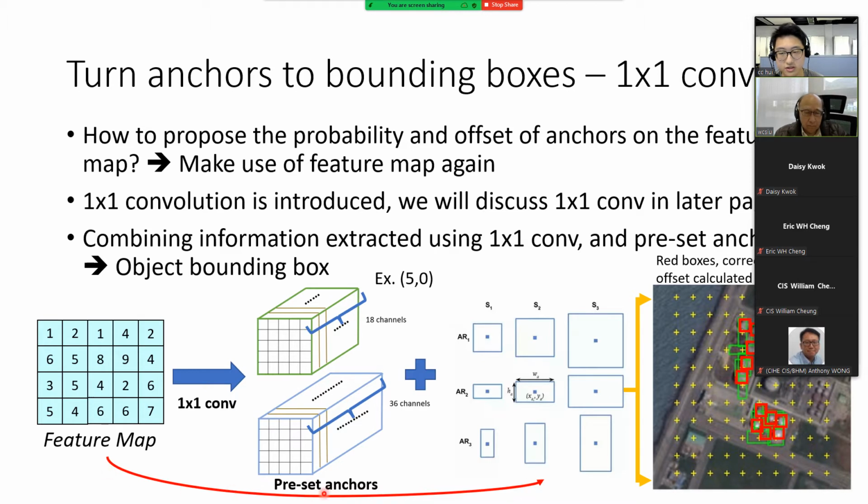Here is a skip connection. But now we do a 1-by-1 convolution on the same map, and it gives us the 18 channels and the 36 channels. With these two blocks, the information they carry, plus the preset anchors, we can make use of it to get the bounding boxes of the objects coming out.